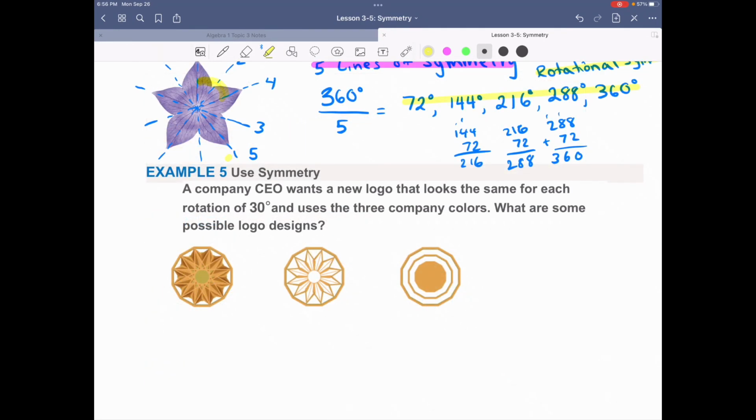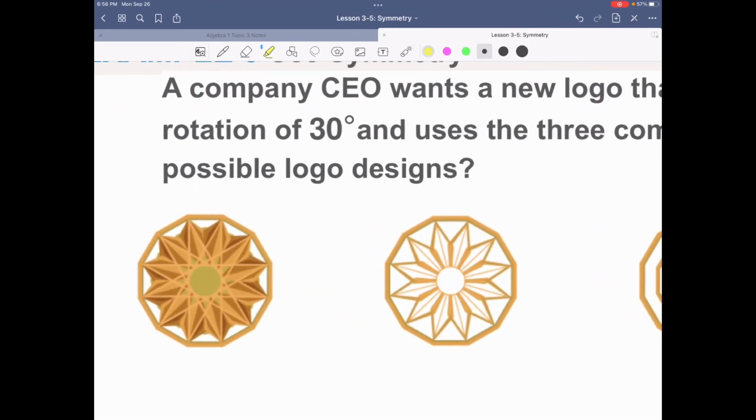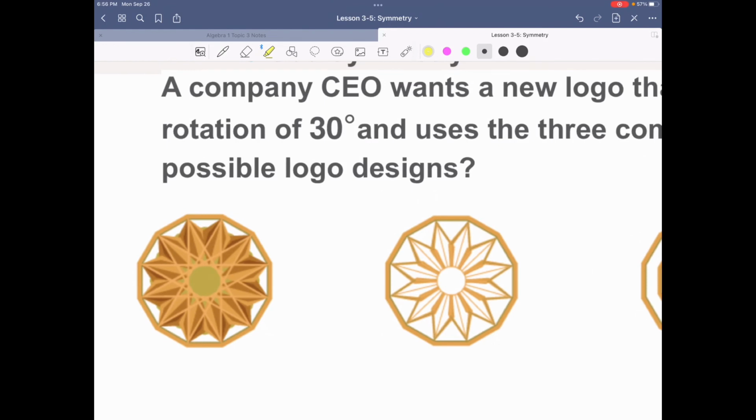Rotational symmetry is used a lot in art and business, like marketing. So this example, number 5, is a way to use symmetry. A company CEO wants a new logo that looks the same for each rotation of 30 degrees and uses the 3 company colors. What are some possible logo designs? So I guess these colors would be gold and green and white.